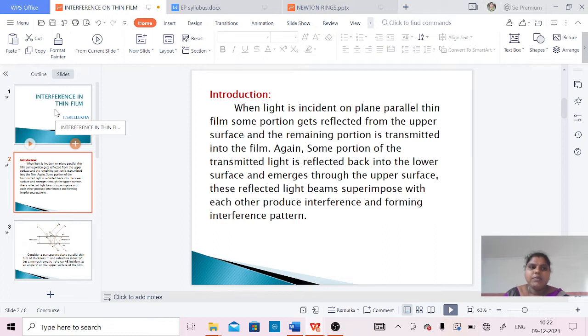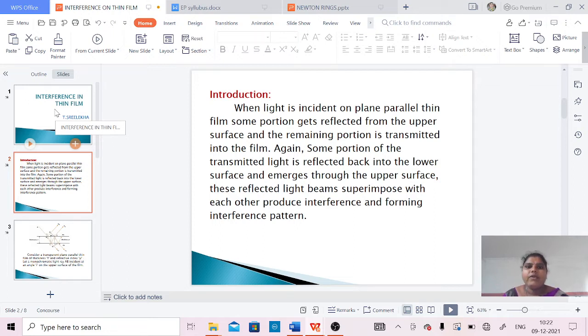The best example is the interference of thin films. What is meant by a thin film? The general example is what we see in rainy seasons. On roads, we see a pattern caused by the reflection of sunlight. There we see an interference pattern due to spectral colors, that is, the visible region colors.